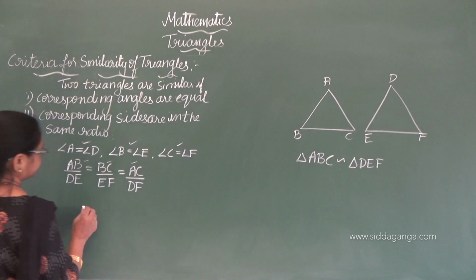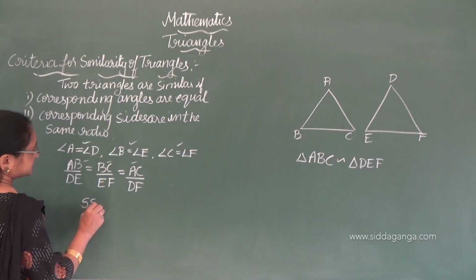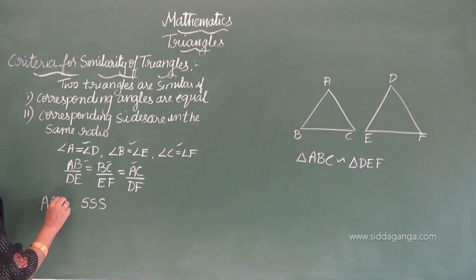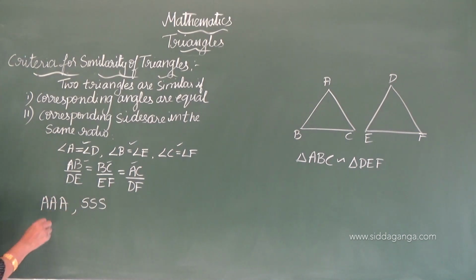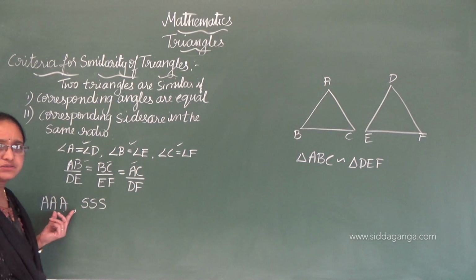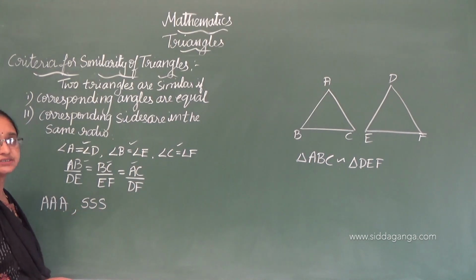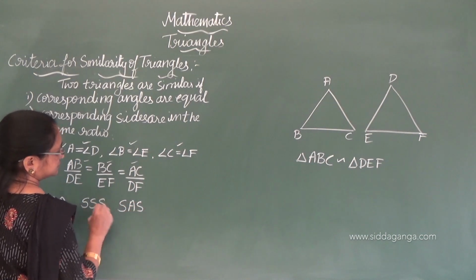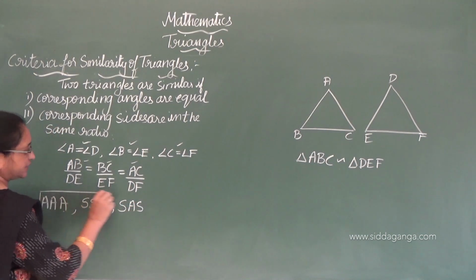One is the AAA criteria, that is all the 3 angles, then the SSS criteria with 3 sides, and the SAS criteria. So we have only 3 criteria.